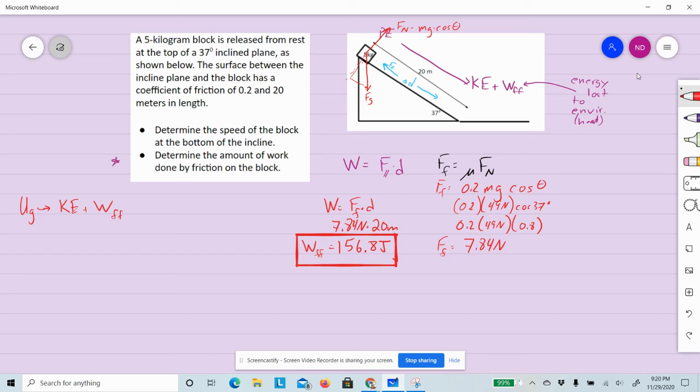of friction, or mg delta h. That's still the same angle, so the delta h here, you should remember, is still 12 meters. So mg delta h, 5 kilograms times 9.8 meters per second squared times 12 meters, 588 joules, becomes 1/2 mv squared plus 156.8 joules.